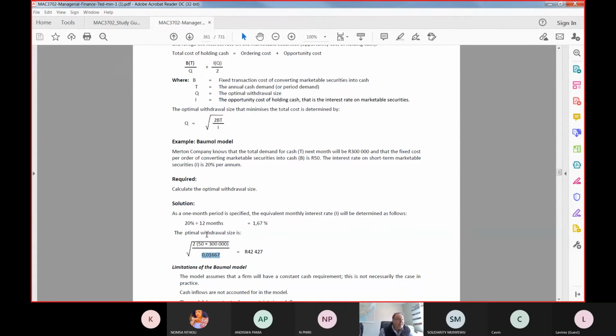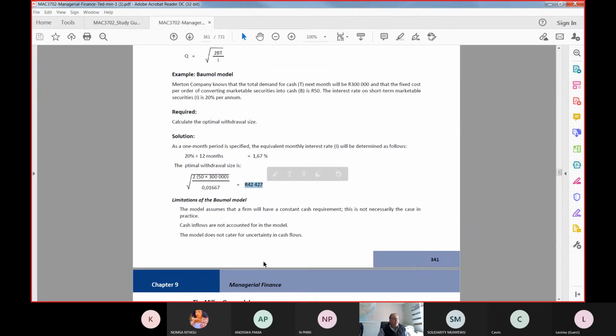We are working on a percentage, so they actually turn that into a numerical. So it's 0.0167, or you can say 1.67%. But because there's no percent sign after that, it's 0.0167. Okay? You work out the calculation, it comes to 42,427.